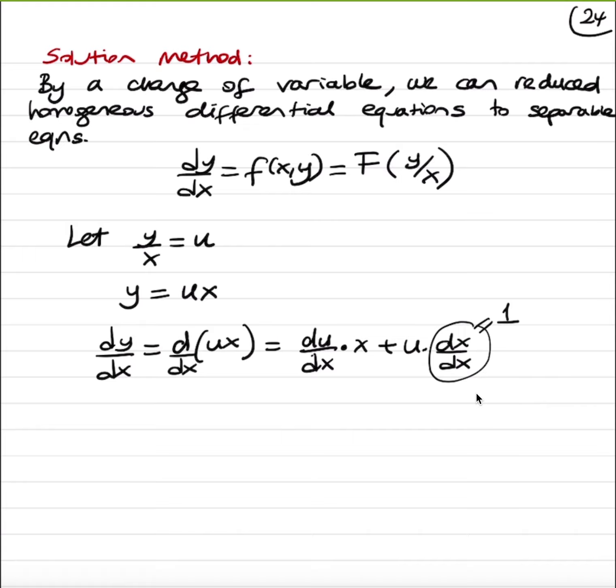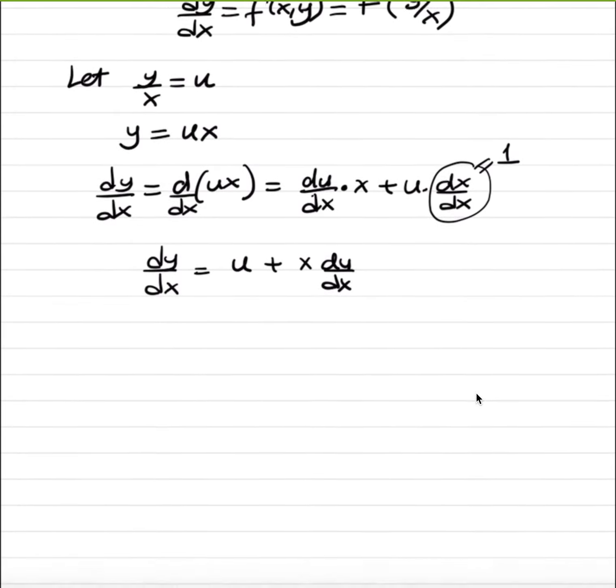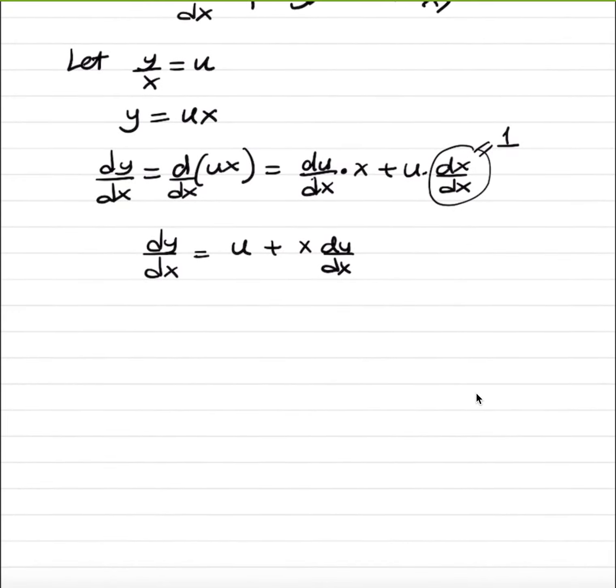So this is 1. And we have dy over dx is equal to u plus x times du over dx. Now we have a separable differential equation, or we can write y prime is equal to u plus x u prime.